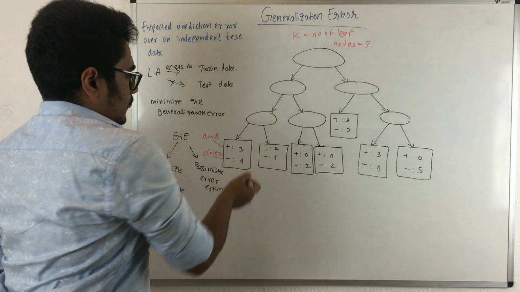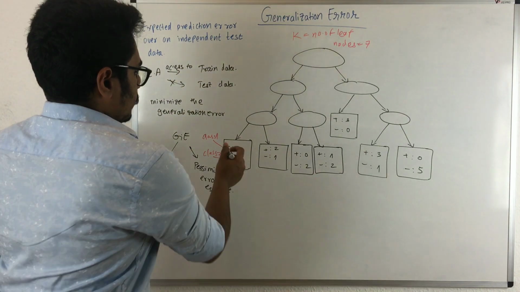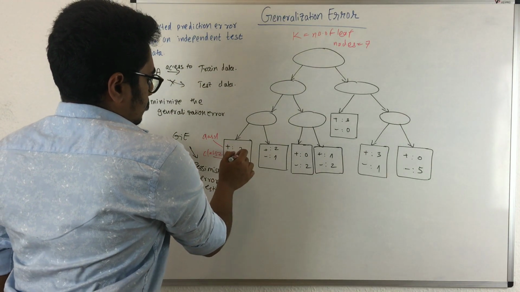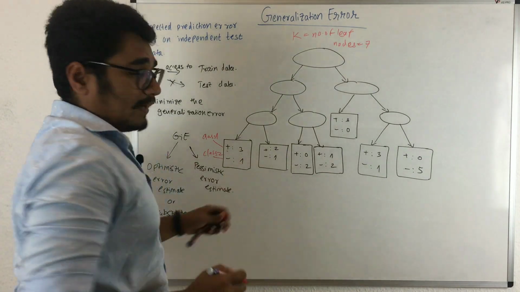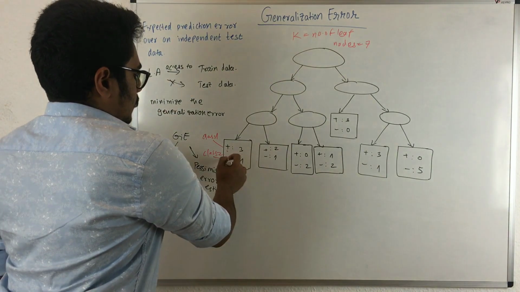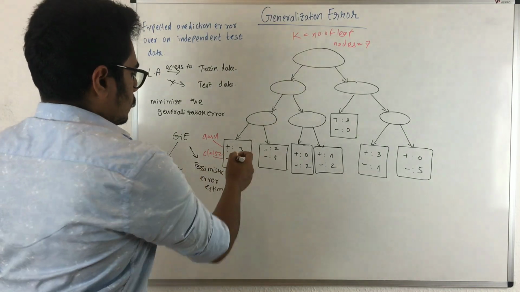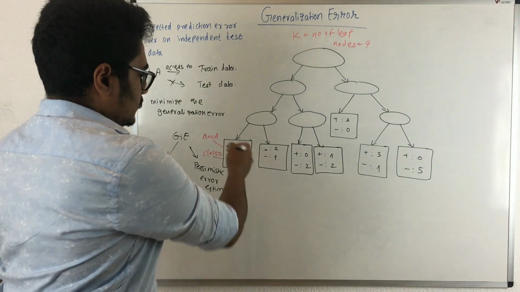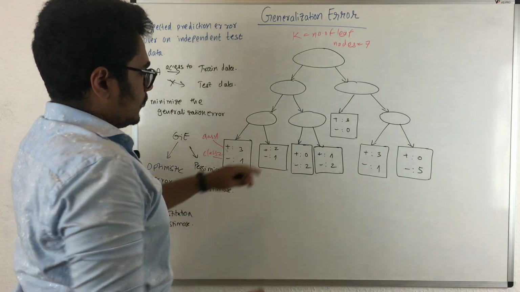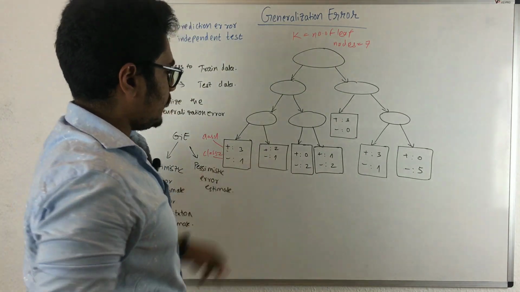What this figure means is that here the instance has classified 3 correctly as positive, and it has classified one instance as negative. Ideally it should be the positive class, so it has incorrectly classified one instance. Similarly here, one instance was incorrectly classified.